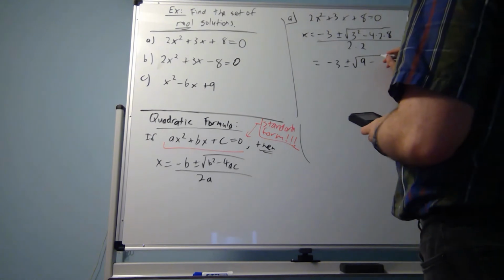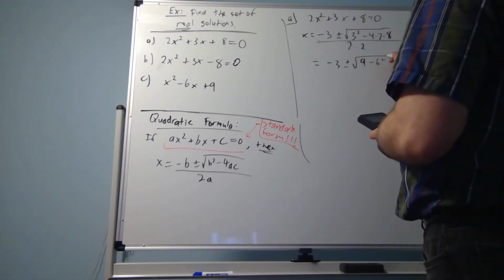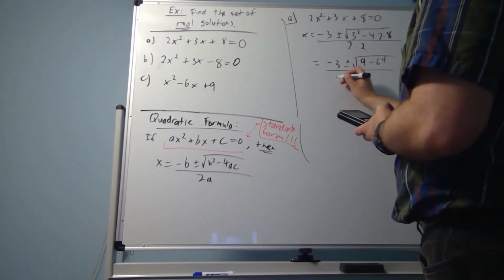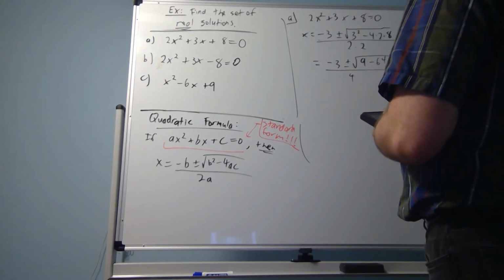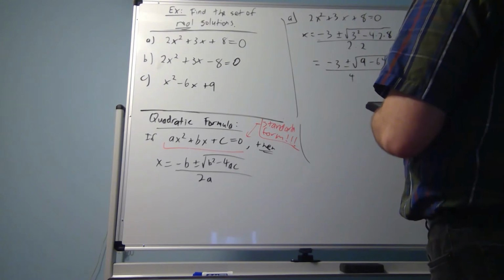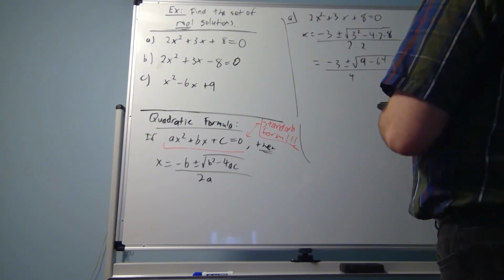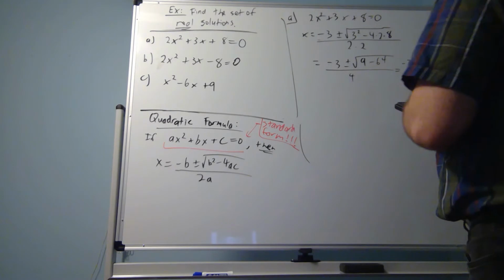That's going to be 64 though. That's just 8 times 8, right? Yeah. All right, and then that's going to be negative.